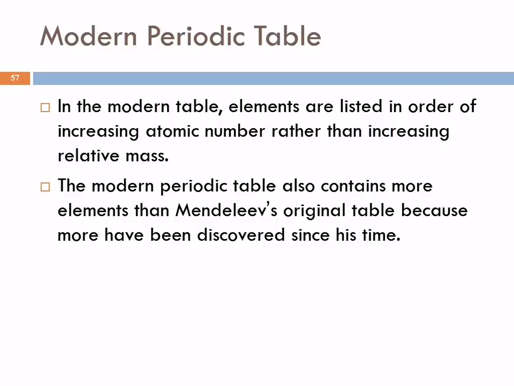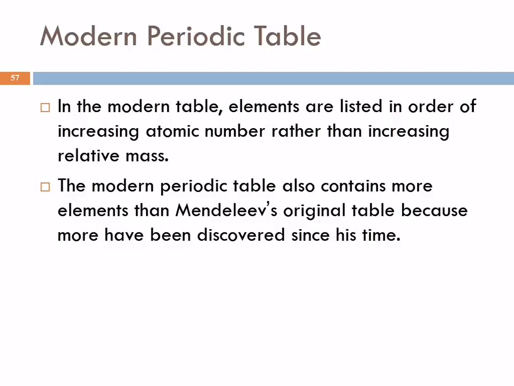In the modern periodic table, the elements are listed in order of increasing atomic number, not atomic mass, because there are a couple of places where the mass is out of order. Anybody spot one? 52 to 53.